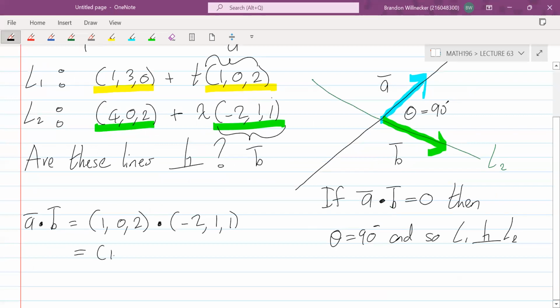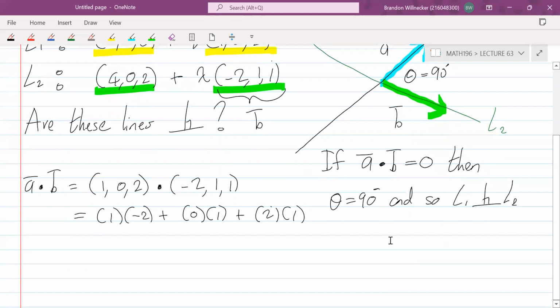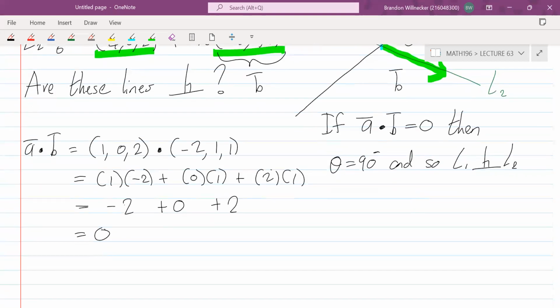So this is going to be 1 times minus 2, plus 0 times 1, plus 2 times 1. So that's going to be minus 2, plus 0, plus 2, that's 0. So the dot product is 0, which means the angle is 90, and so they are perpendicular to each other.